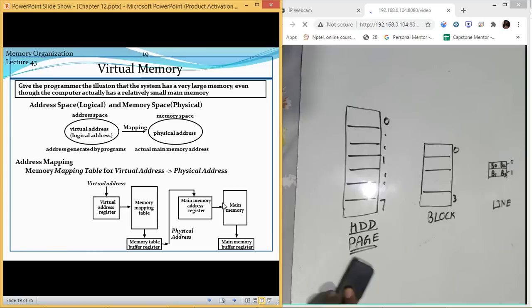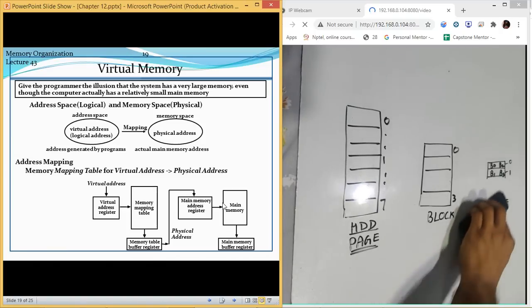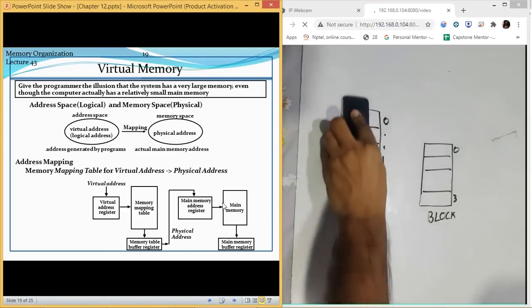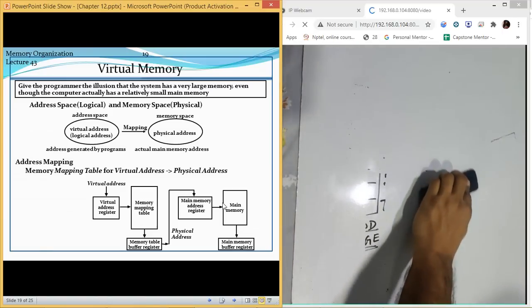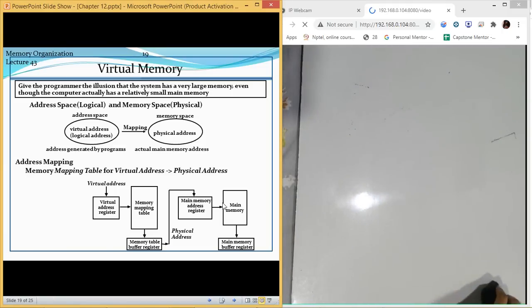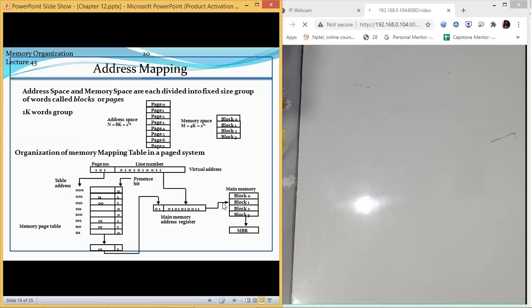So how is it going to work? When we talk about physical memory, this is the address mapping which we were talking about.